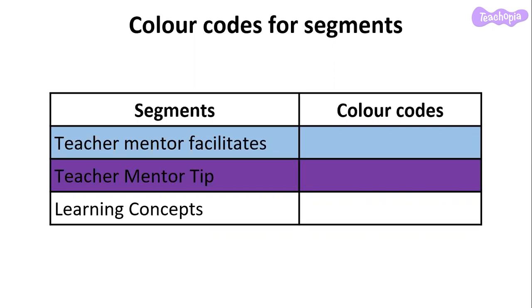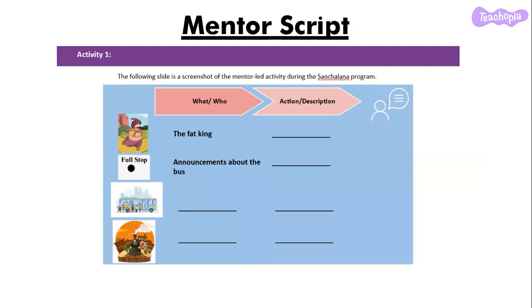If there is a purple slide, that means there are tips that the teacher mentors can follow to conduct that activity in their respective Sanchalana centers. Slides in white color contain learning concepts.